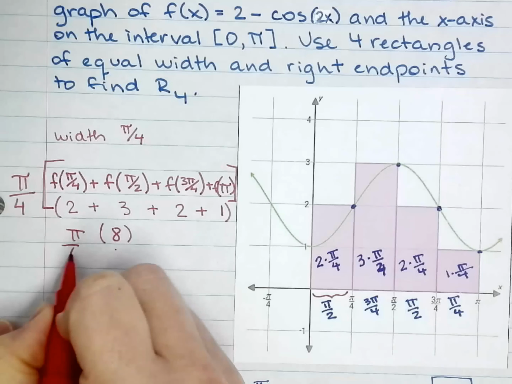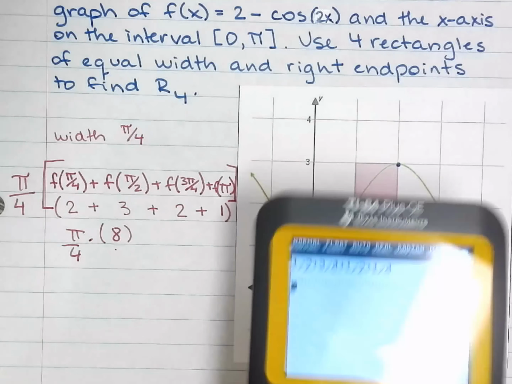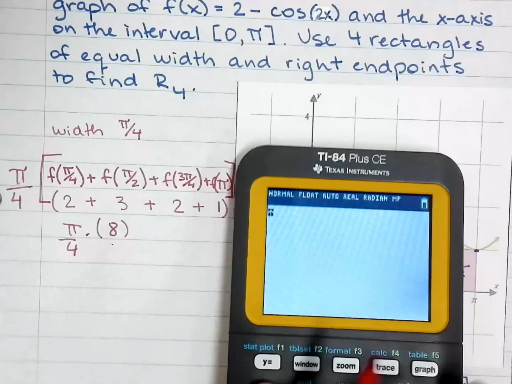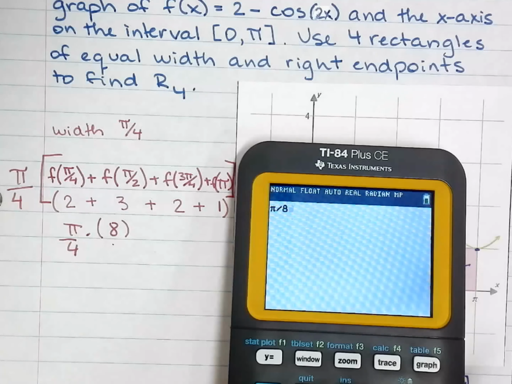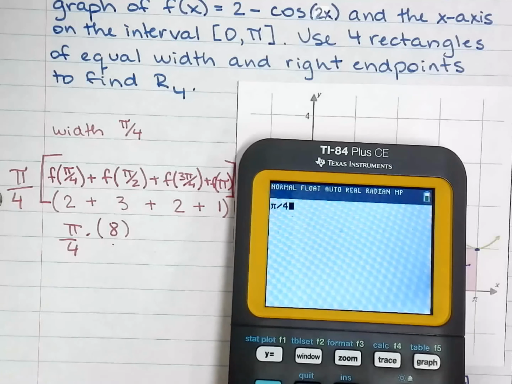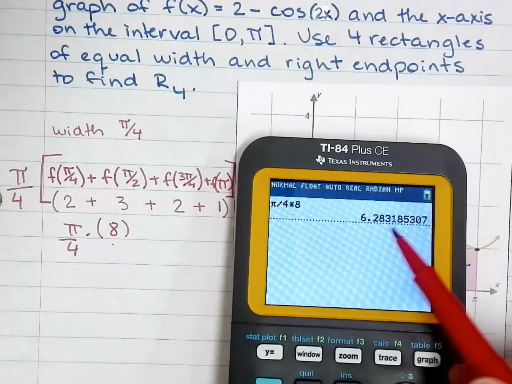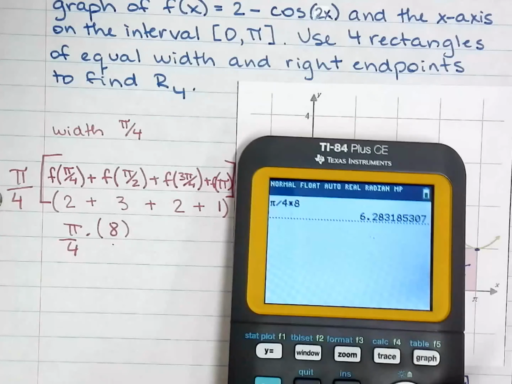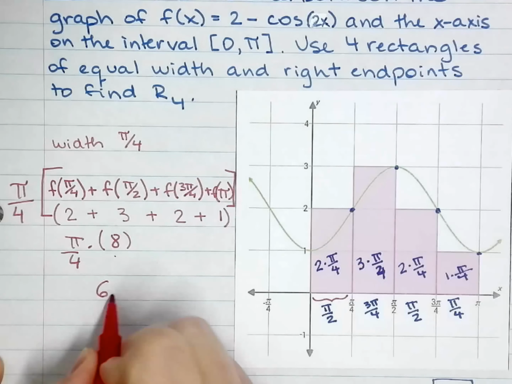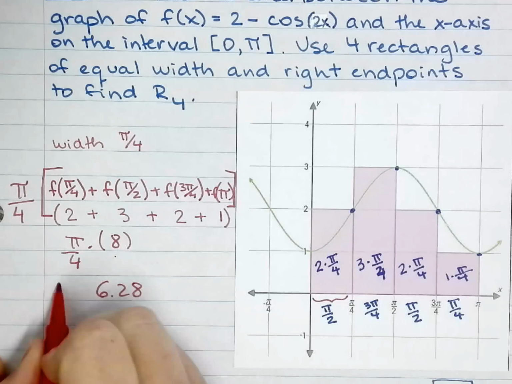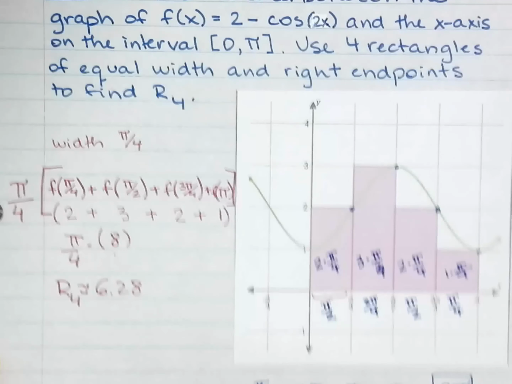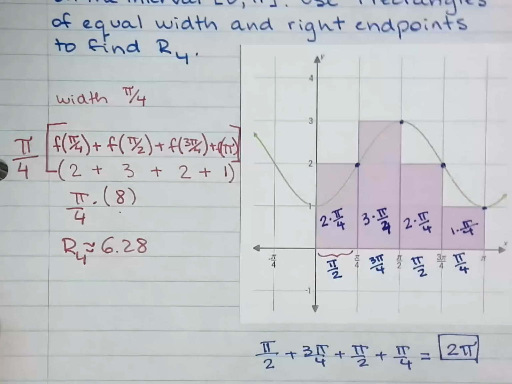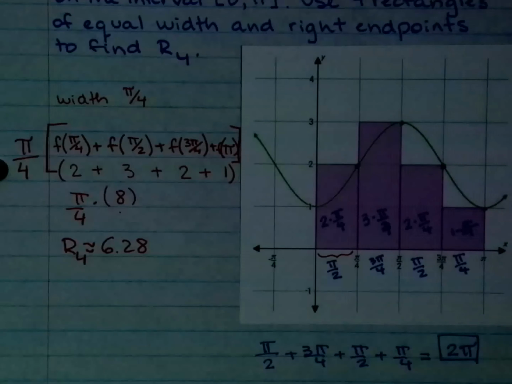So pi over 4 times 8, and I will just put it in the calculator. Pi over 4 times 8 will give you the same 6.28. And you know 2 pi is just that.